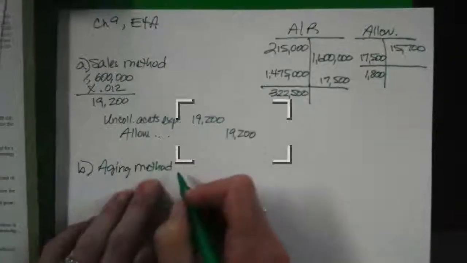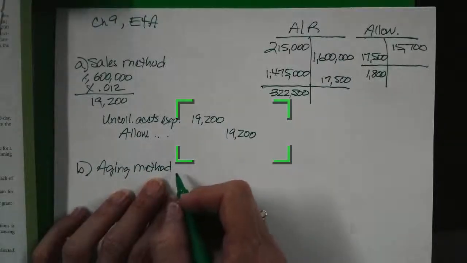Then B says, well, what if we use the aging and management estimates the end of year uncollectible accounts receivable to be 19,350? So B is the aging method or the accounts receivable balance method. You might hear it said either way.